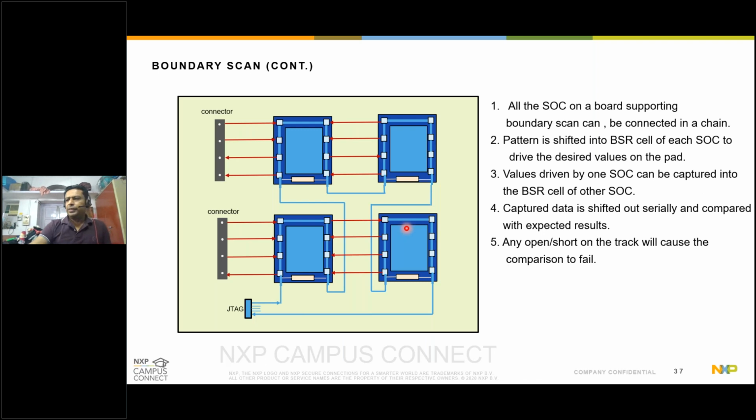Okay, sure. In earlier slides, we saw how by introducing a BSR cell, we can stitch all our pads in a serial fashion, right? This diagram represents your board, which has multiple SOCs connected to each other. Now, if you want to test any connection between two SOCs, how can you do that through boundary scan?